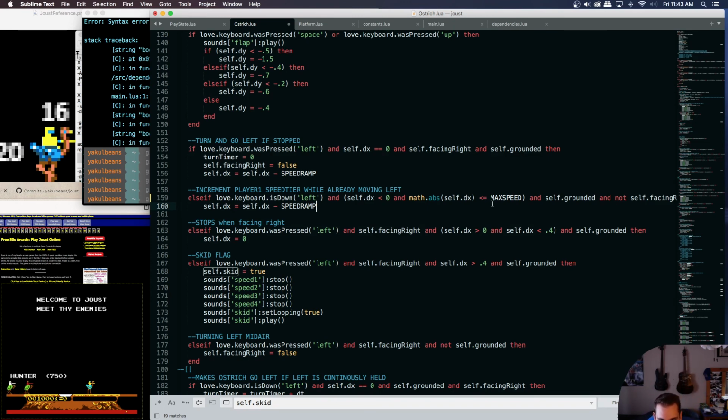If left is pressed and we're facing left, then we need to not decrement our dx if we're skidding.